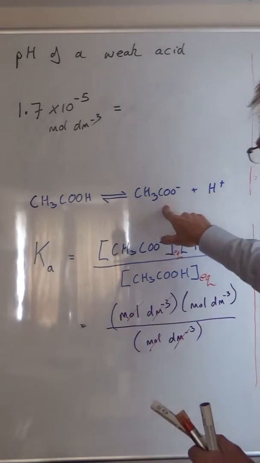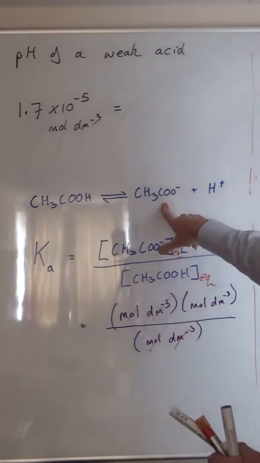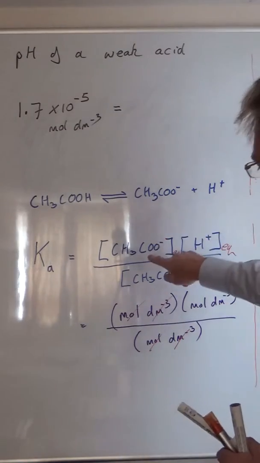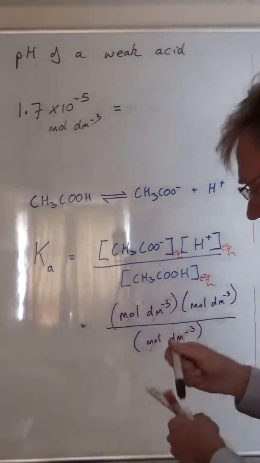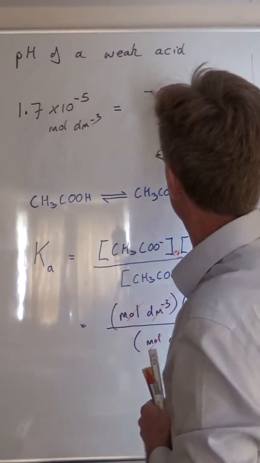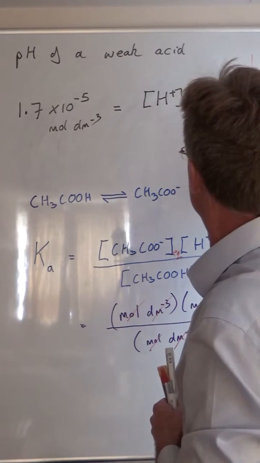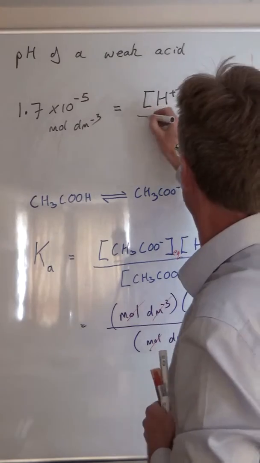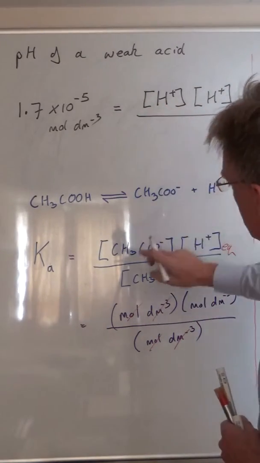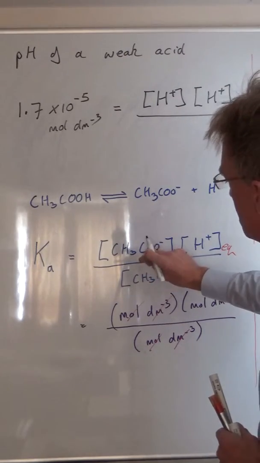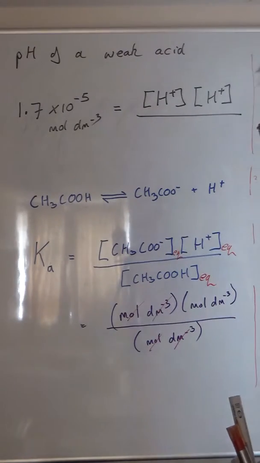So we're going to assume that the concentration of H plus and the concentration of the ethanoate ion are both the same. So wherever we see this one, we can just write this one. So I'm going to write at the top there the concentration of H plus and the concentration of H plus. All I've done here is write another H plus because I know numerically it's going to be the same concentration as this one. Not always the case of course, but that's one of the assumptions that you make with this method.